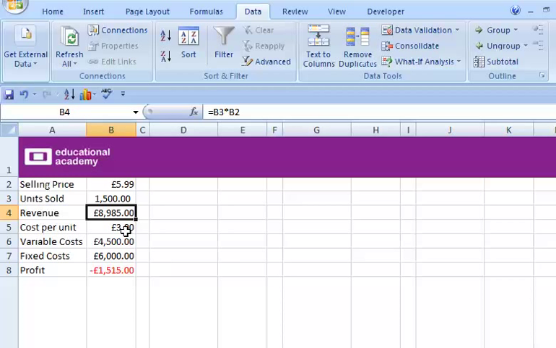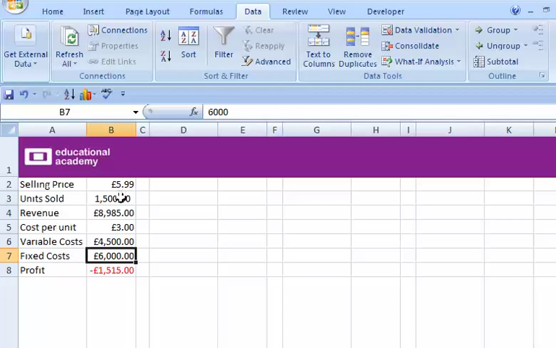And we know that the costs involved in actually making the product are £3. So our variable costs, the ones that move in accordance with the units we sell, is 1,500 times £3, which gives us quite nicely £4,500.